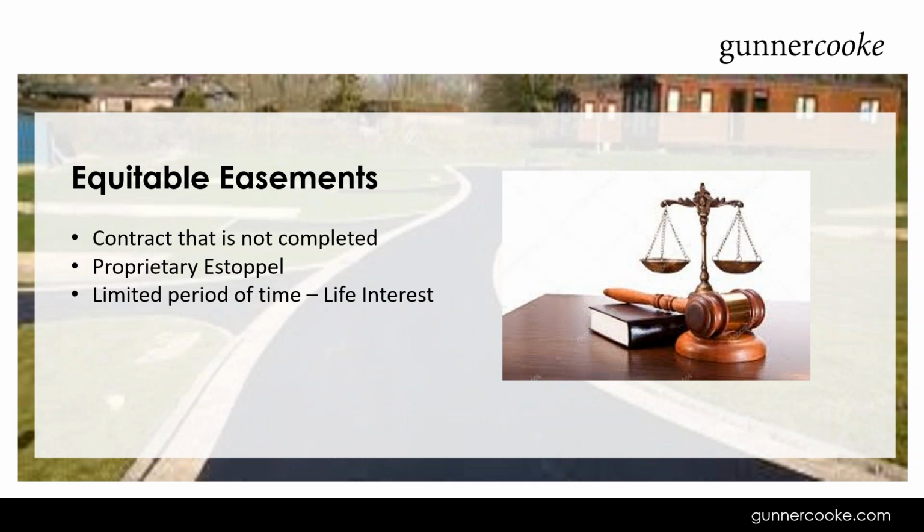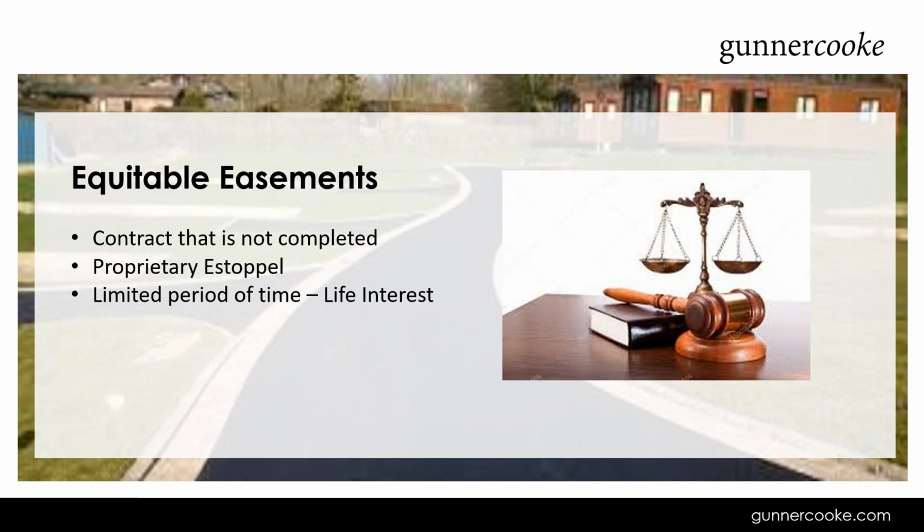So say, for example, the property owner of the servient piece of land said, well, yes, of course, you can make use of that roadway, provided that you re-tarmac it for me. The dominant owner then says, okay, I'll re-tarmac the driveway. They do the work, and then the servient owner says, no, actually, I've changed my mind. You can't have a right of way. That's the type of situation where you would find proprietary estoppel.